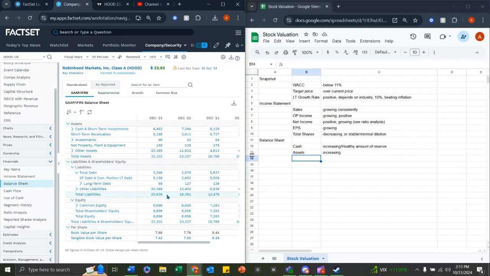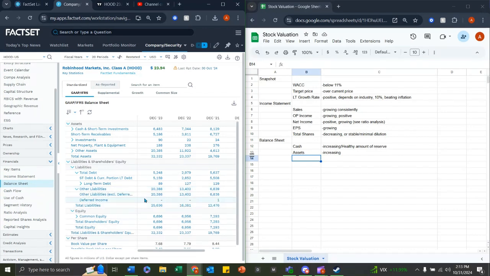For example, this is one of the more major concerns with Robinhood: debt. They have very little long-term debt, to be fair, but they have 5 billion in short term, which is almost where their cash is.